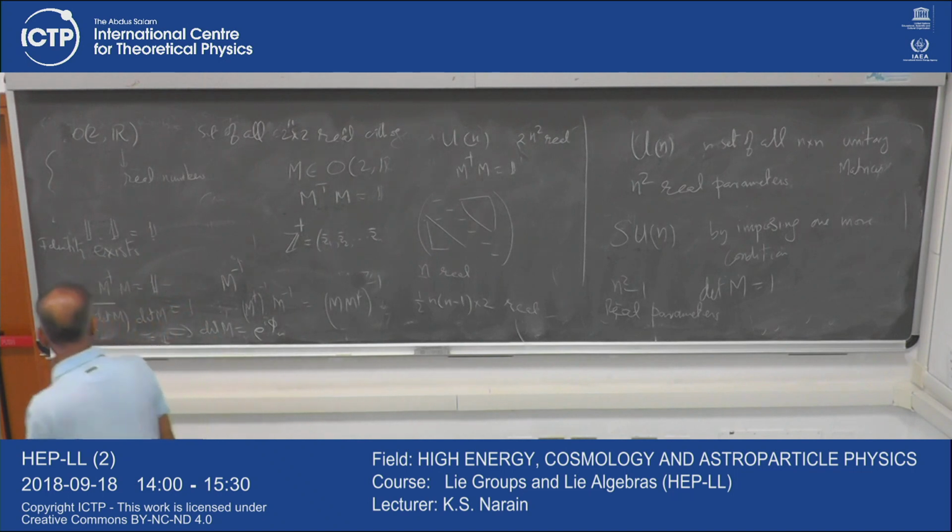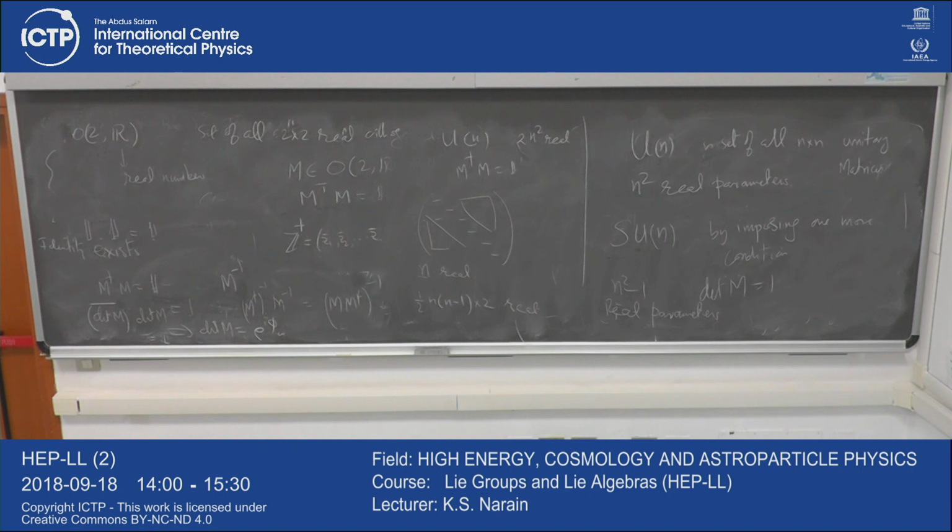Okay. So in particular, now let's look at just the U(1). Sorry, go ahead. The determinant of M is e to the i pi, right? But if the group is connected, then it will pass at some point through determinant equal to 0.